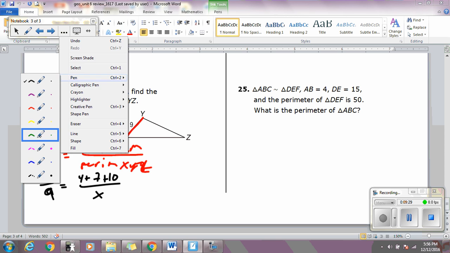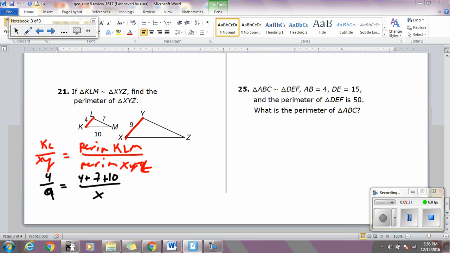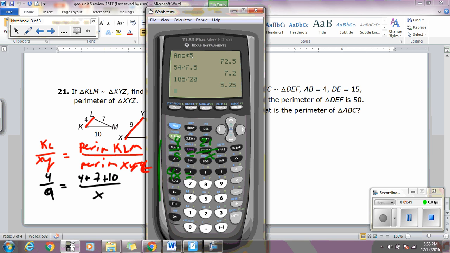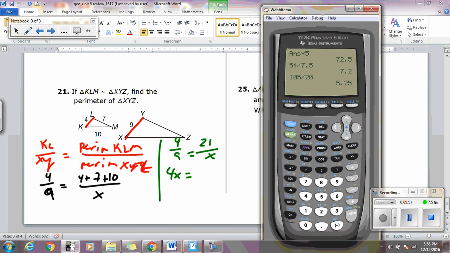So what would be helpful right now is to find the perimeter of the first one. So that's 4 over 9 is equal to 17 plus 4, 21 over X. And now we cross multiply. 4 times X is 4X. 9 times 21, don't recall off the top of my dome. 189.